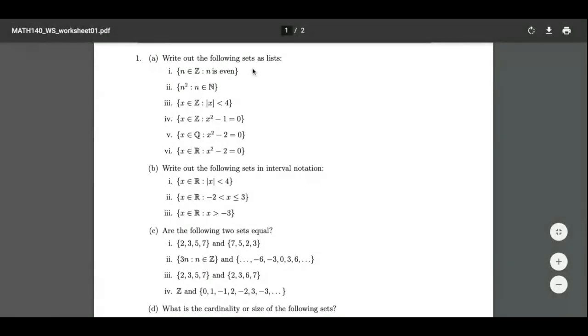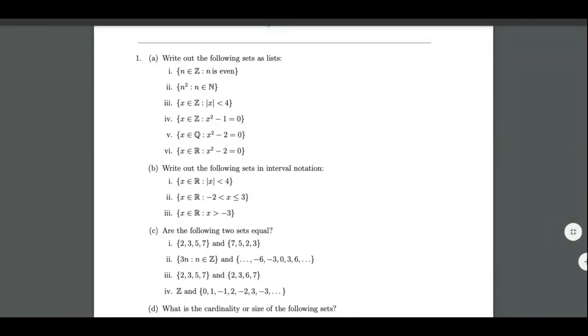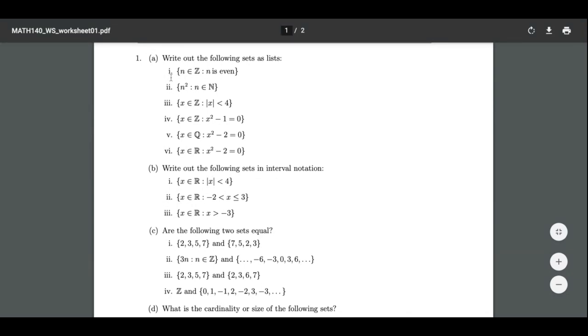Write out the following sets as lists. Let's see the first one: n is in Z, remember Z means integer, and n is even. Let's use the chat.